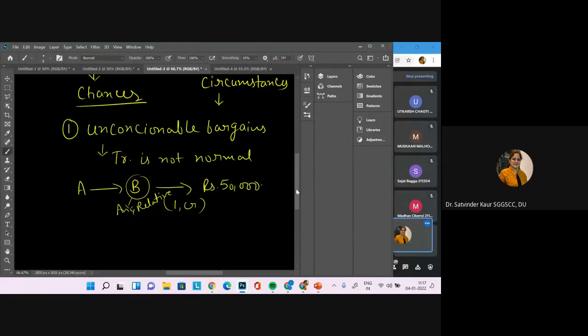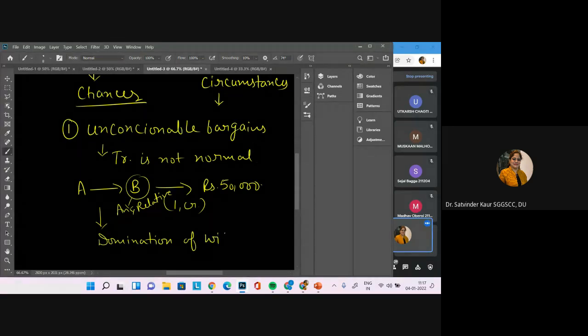So जहां पर आपका बहुत ज्यादा difference होगा transaction का, so there is a possibility that the domination of will might have been used. So you will see into that particular transaction what is the relationship between the parties.